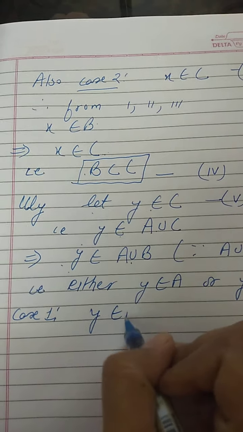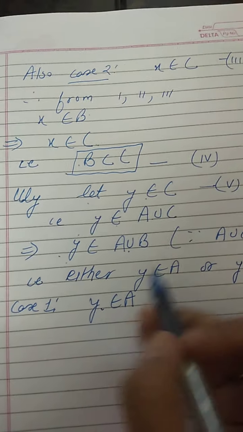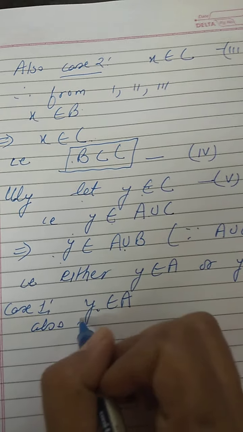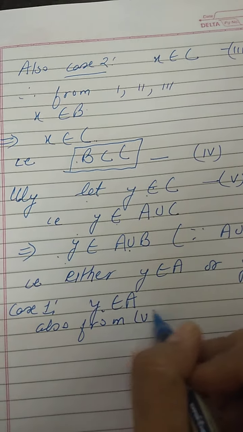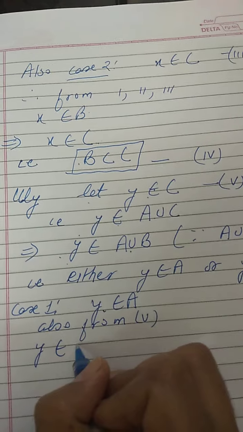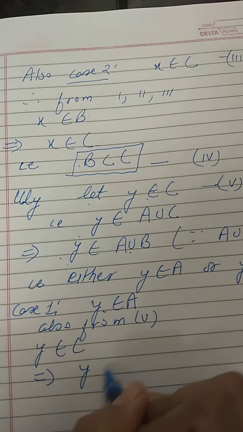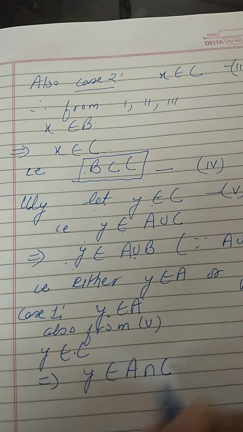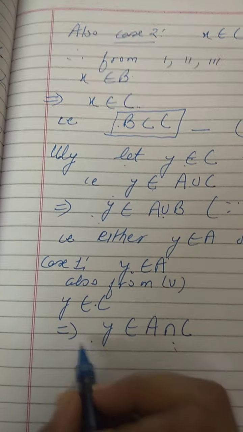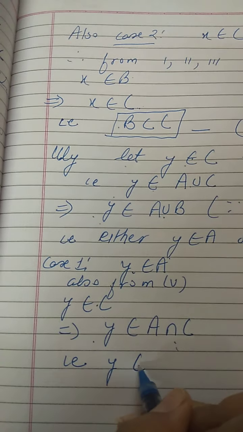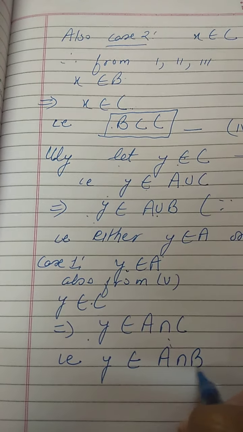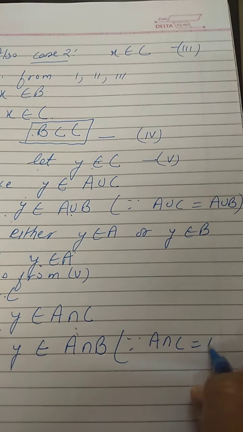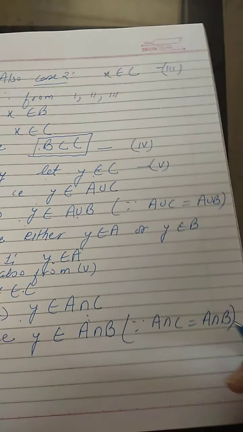When y belongs to A. y belongs to A, y belongs to C also, and also we will write down from 5th y belongs to C, which implies if y belongs to A, y belongs to C, both the sets, so y will belong to A intersection C. And if y belongs to A intersection C, that means y will belong to A intersection B also. Why? Because A intersection C is already given equal to A intersection B.